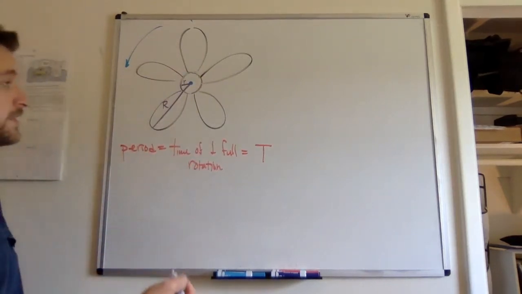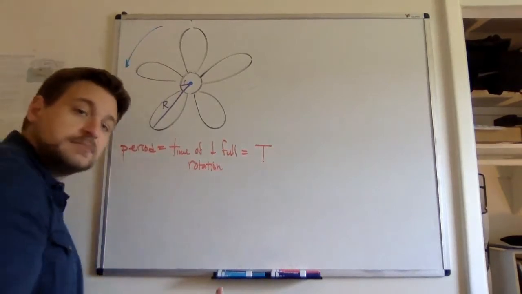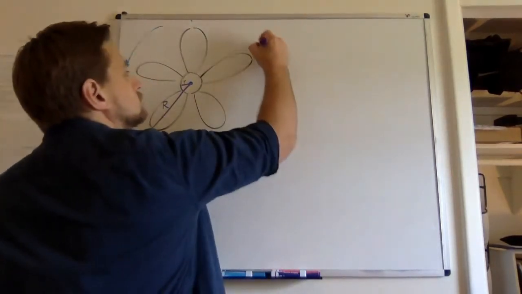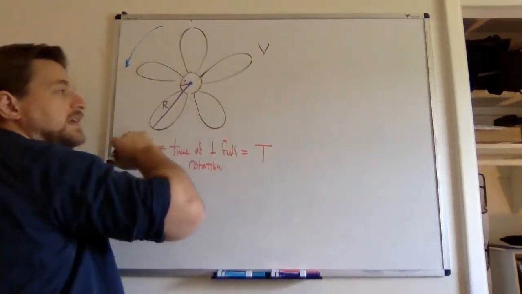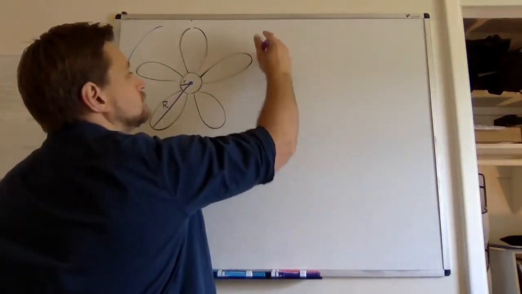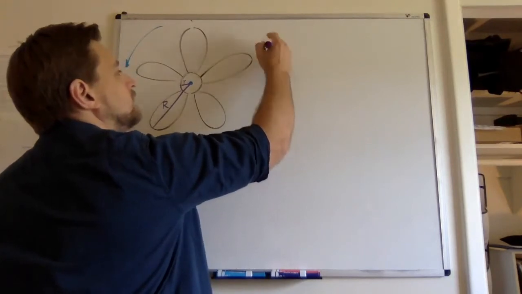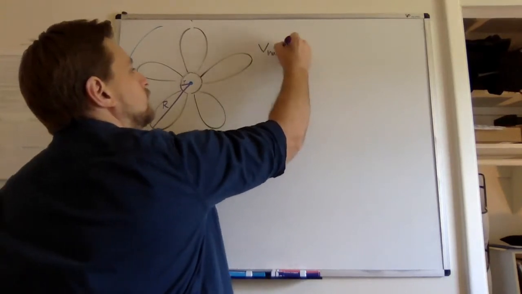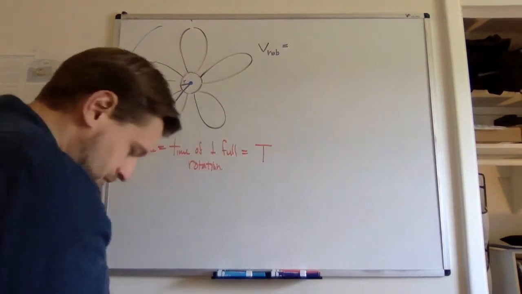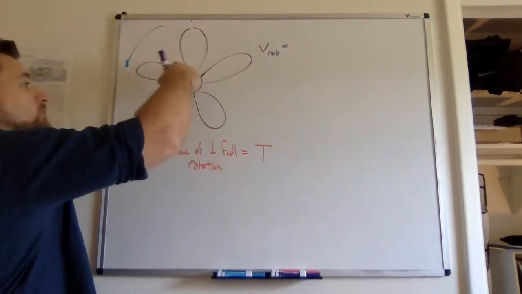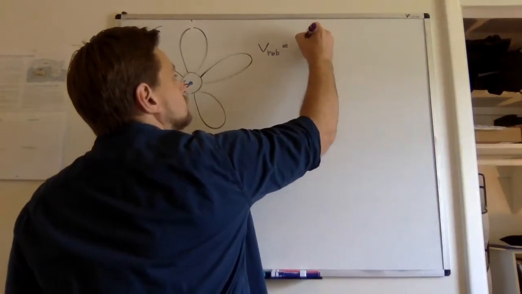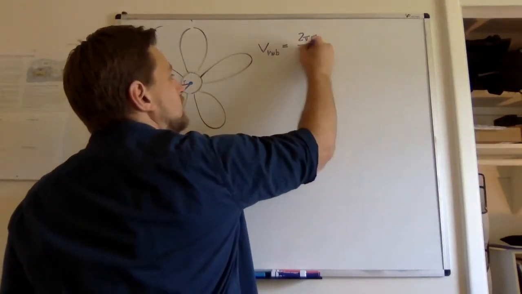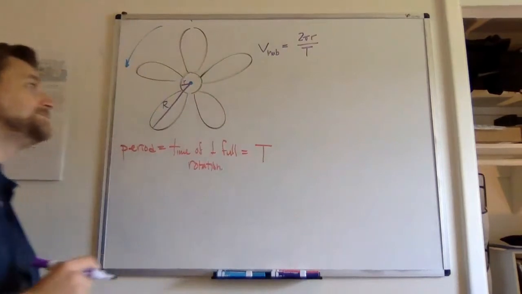So if we asked for the average speed of that point on the edge of the hub, we know that it travels a distance according to the circumference, in an amount of time, capital T.